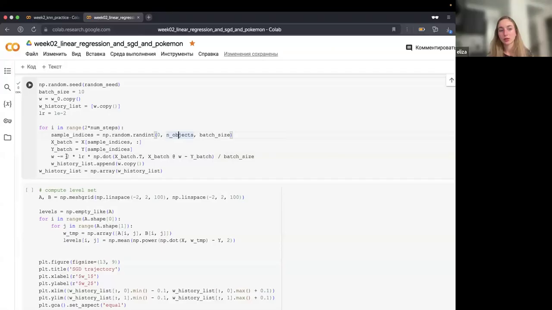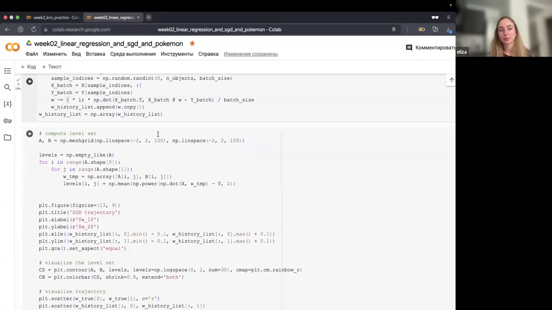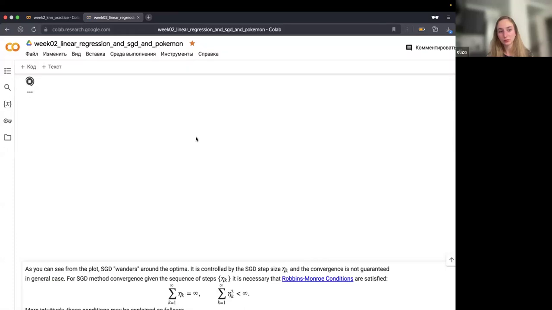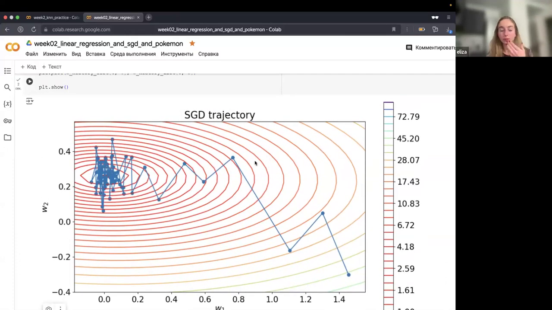And also you can calculate your gradient and update your weights. Yeah, this is the stochastic gradient descent trajectory, but what's the problem?